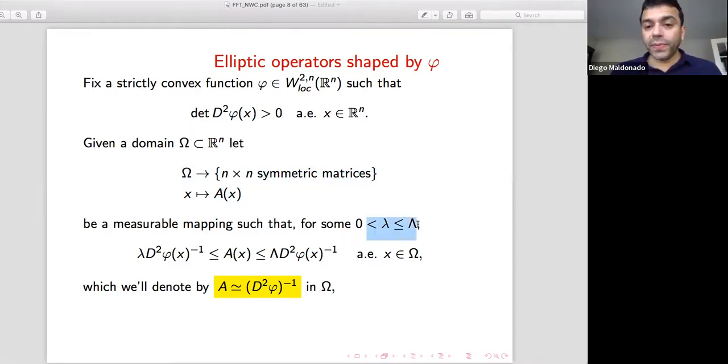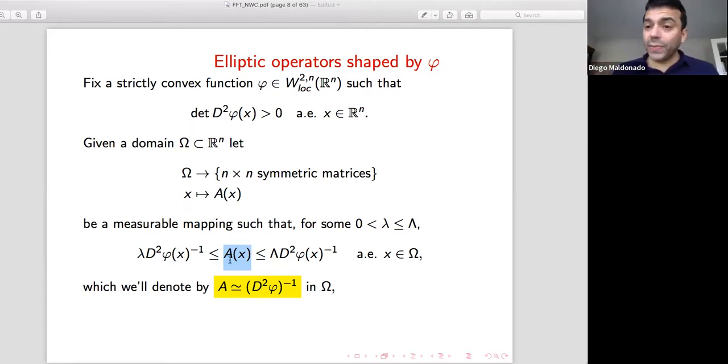There are some numbers, little lambda and big lambda, such that in the sense of non-negative definite matrices, we have these two inequalities. What this means is that if you give me an x in omega, the matrix A of x is going to be controlled by the Hessian inverse of phi.